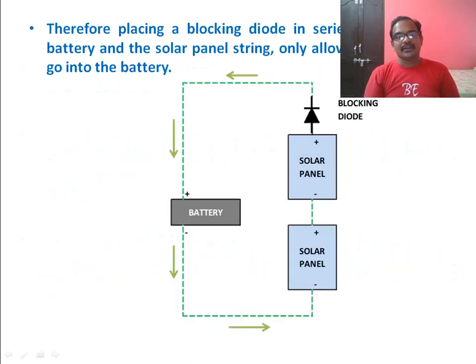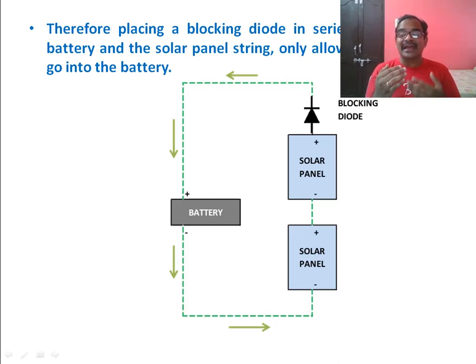Therefore, a blocking diode is placed in series between a battery and a solar panel string. The blocking diode will only allow the power from solar panel to the battery. Whenever the power is flowing from solar panel to the battery, the diode is forward biased and allows the current to flow through to the battery.